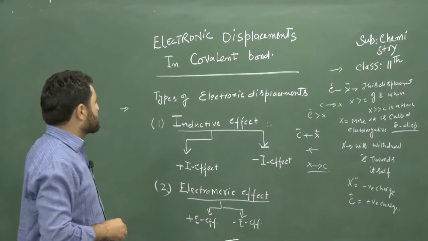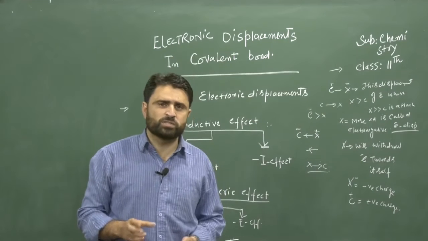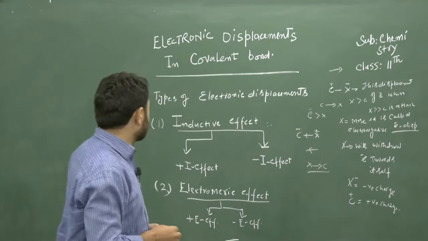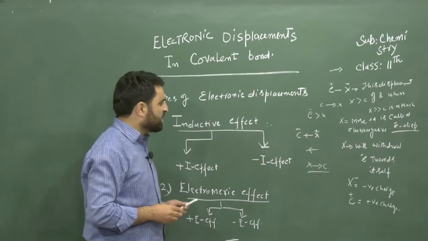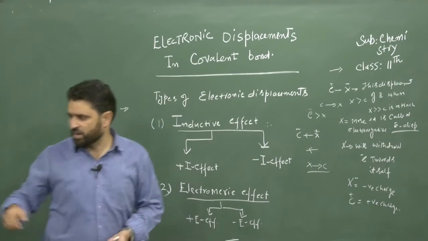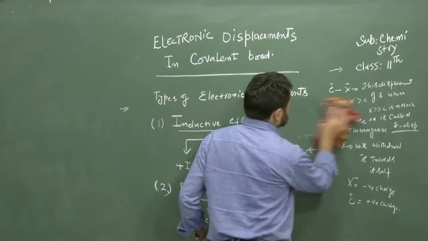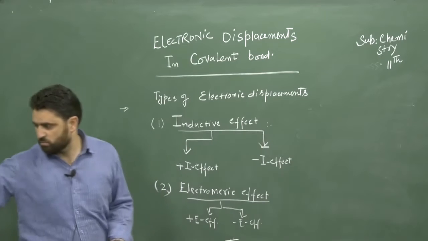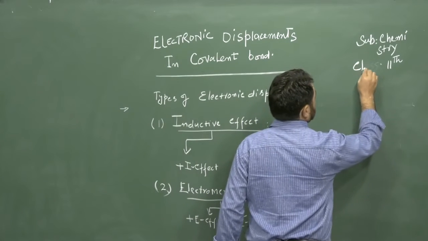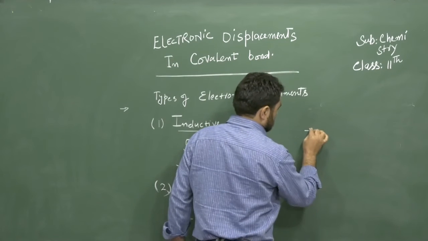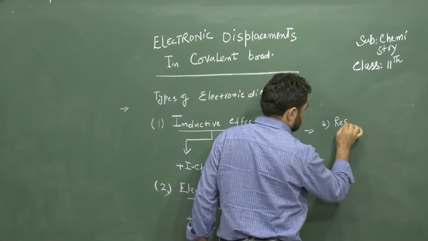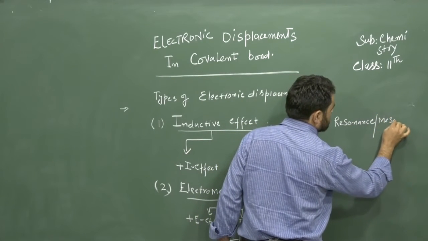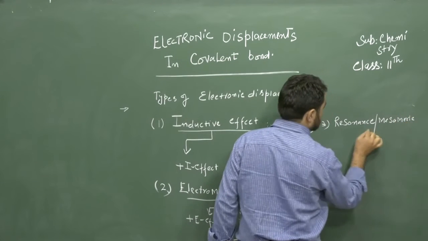Now we will critically examine this concept. There are certain types of electronic displacements. Majorly, there is the inductive effect, the electromeric effect, and the third one is resonance, or mesomeric effect, also called the resonance effect.